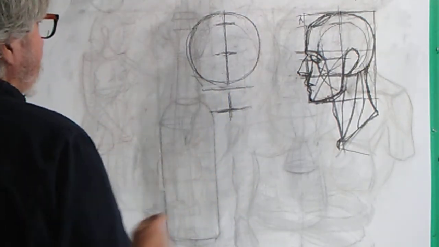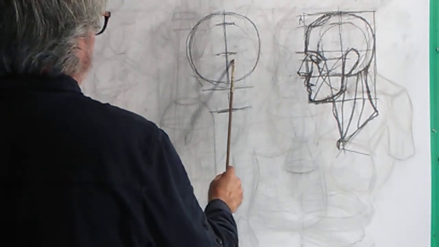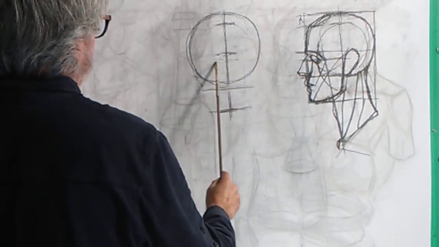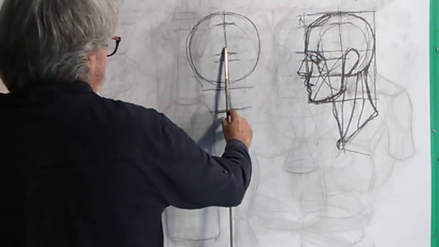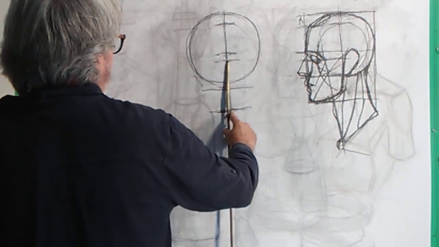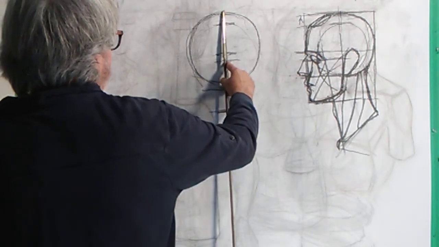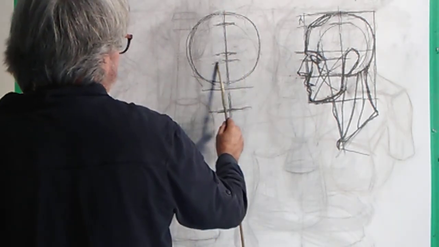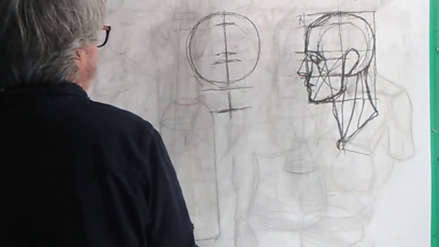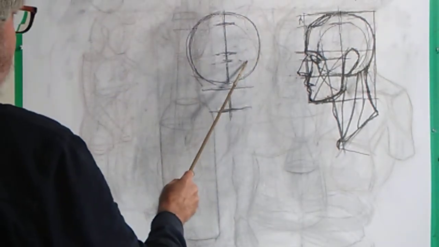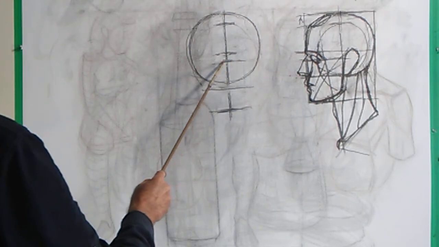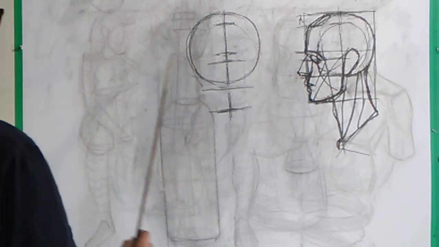Okay, so I'm going to watch my eyes roughly where they're going to be. This is close. I want to know where this is going to be before I start the rest. So this is very close. I'm going to make it a touch lower. It's where the eyes are going to be.